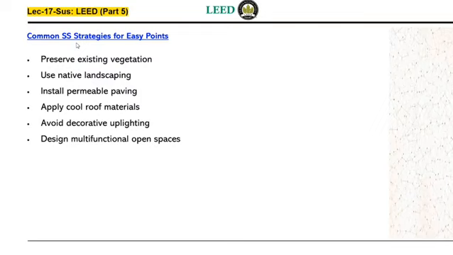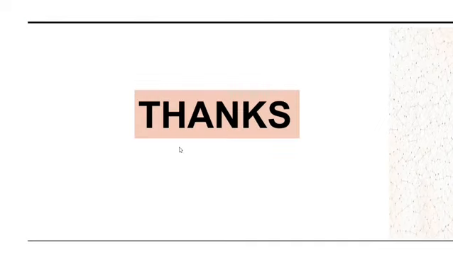And common strategies for earning easy points are to preserve existing vegetation, use native landscaping, install permeable paving, apply cool roof materials, avoid decorative uplighting, and design multifunctional open spaces.